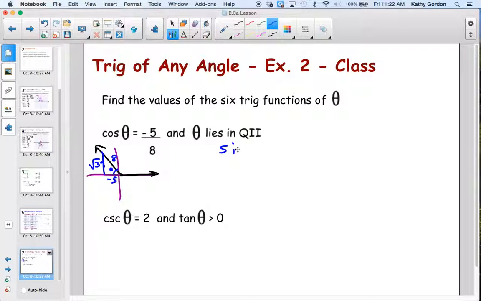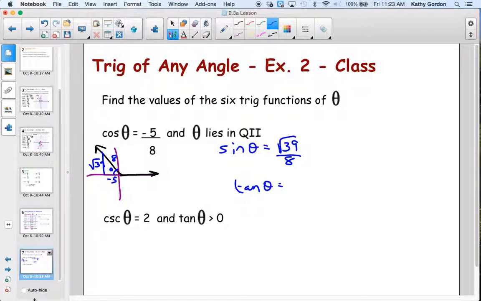So sine is now going to be what? Square root of 39 over 8. Cosine was already one I had, so I don't have to write it again. If you want to, just to keep the pattern, that's fine. How about tangent? Negative 5 over square root... Close.